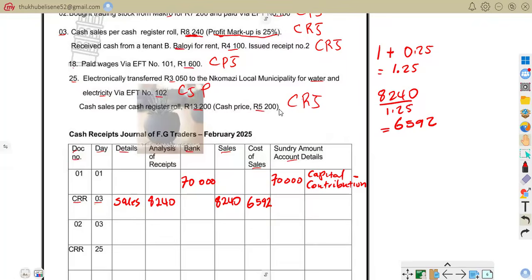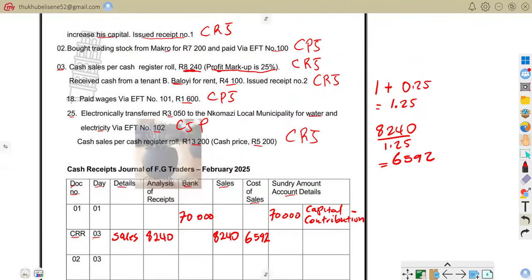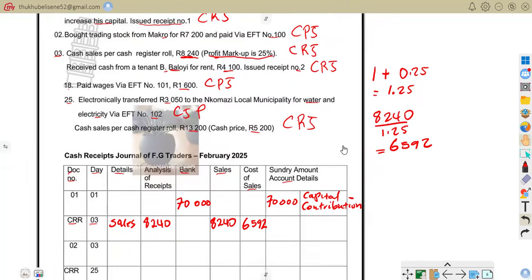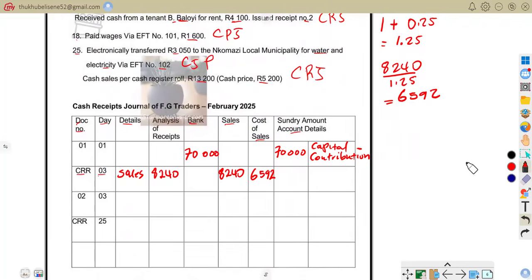The same date, on the 3rd, it says receives church from a tenant Balui for rent of 4,100 and issue receipt number 2, that is still on the 3rd. So meaning to say we are going to have 4,100 in the sundry accounts. So it's going to be 4.1.